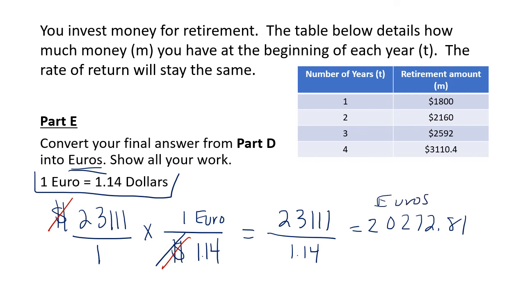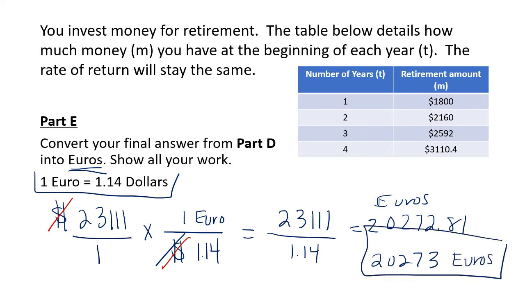Now, it doesn't tell me how to round. If I do it the same way we did last time, I would round up to the next one. And that's my answer.